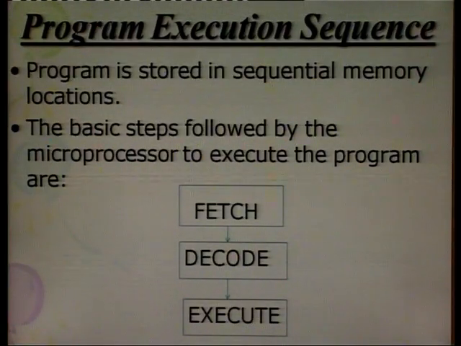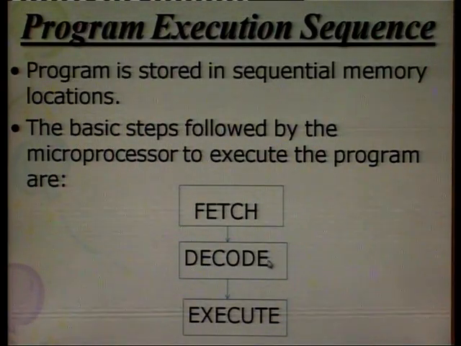Low order address lines are latched, and the same lines are used as the data lines after that. After the read signal, the data from the memory location is fetched and stored in the instruction register inside the microprocessor. This completes our fetching operation.